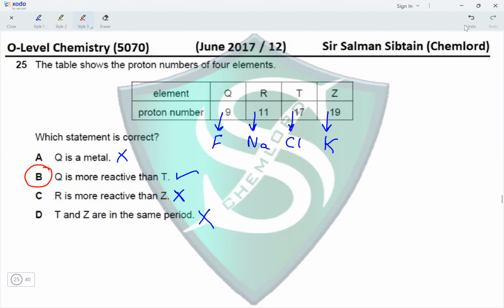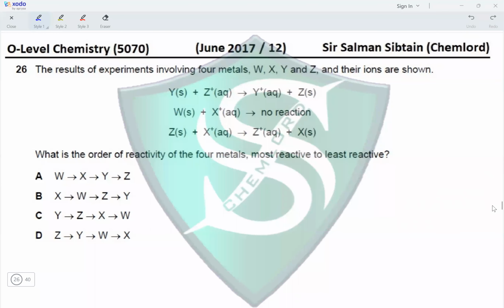Question 26. The result of experiments involving four metals W, X, Y, and Z, and the ions are shown. Y reacts with Z positive ions, forming Y positive ions and Z solid.